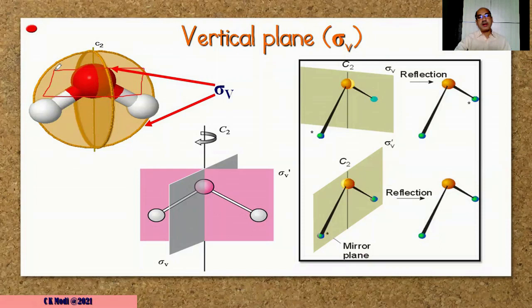If we pass this mirror plane in such a way that it is perpendicular to the rotation axis, here sigma H is absent because we are not getting the mirror image. If we could put the plane in such a way that we get the mirror image, but it is not possible here, and therefore we are not getting the mirror image. Therefore, sigma H is absent.